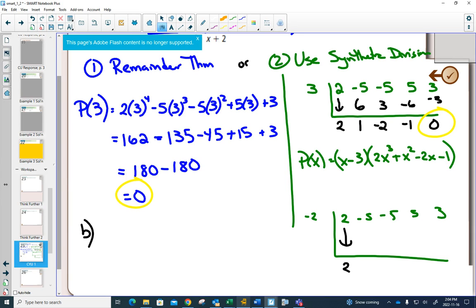Bring it down, multiply, add, multiply, add, multiply, add, and there is a remainder of 45.